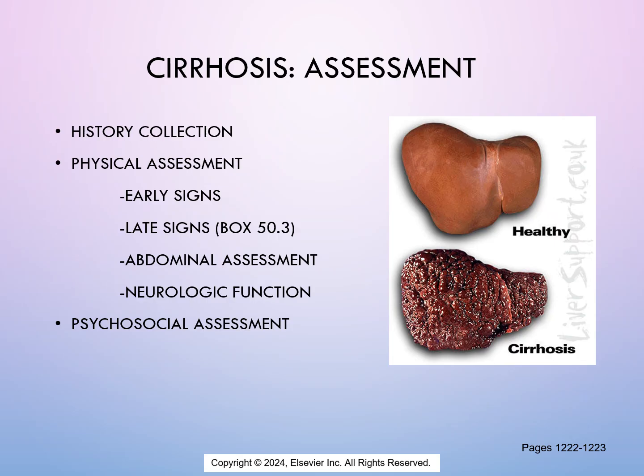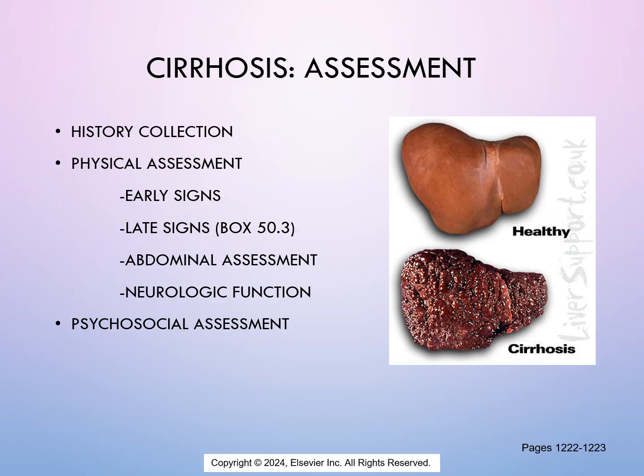For a physical assessment, if liver issues are caught early, it's usually because a routine assessment is done and the early signs are nonspecific. These signs and symptoms include fatigue, weight changes, GI symptoms, and abdominal pain or liver tenderness. In compensated cirrhosis, the liver is scarred but still able to function properly.